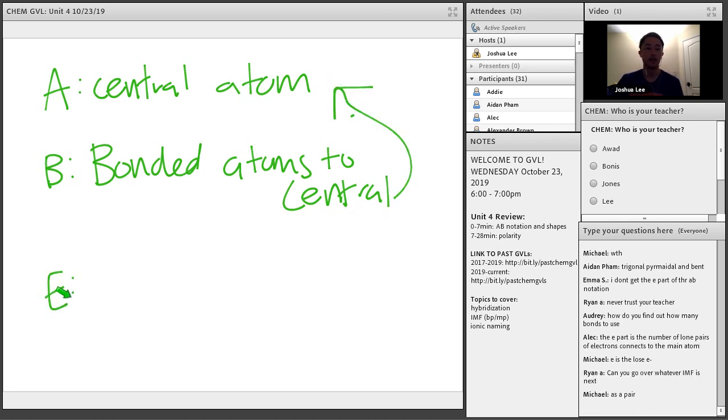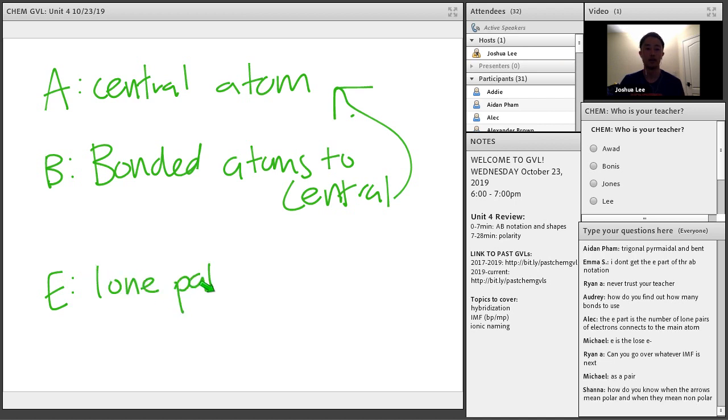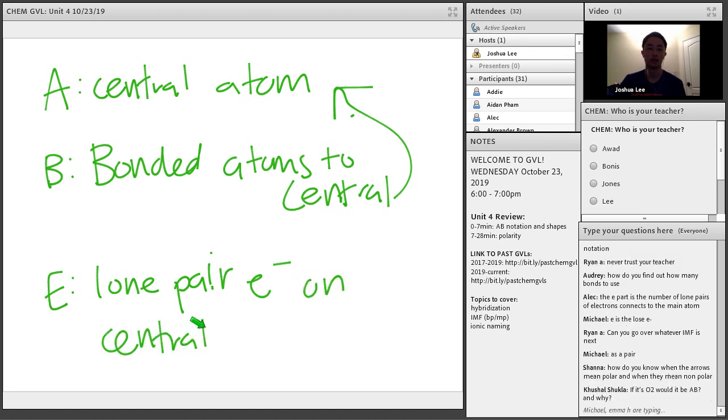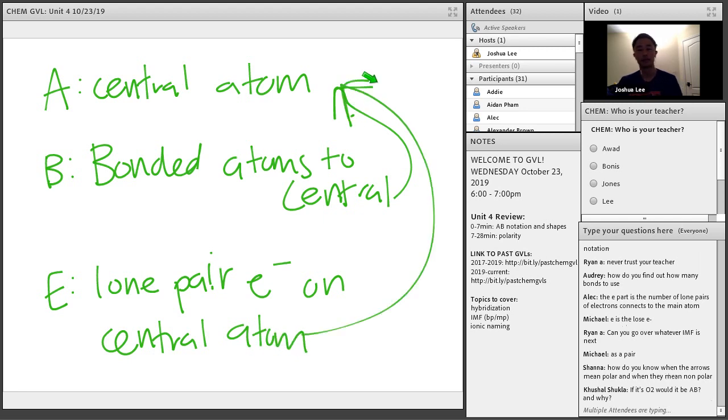And E are the lone pair electrons on the central atom. Right.